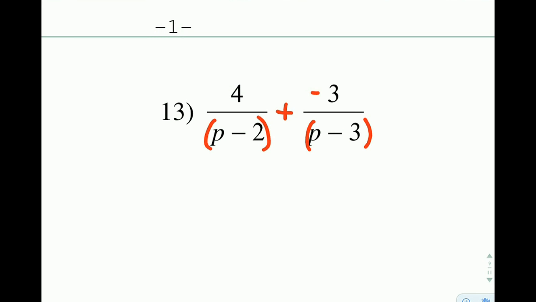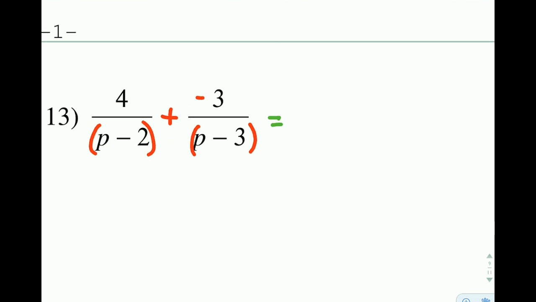If I want to get a common denominator, my common denominator is going to be something over p minus 2, p minus 3. P minus 2 and p minus 3 have nothing in common as groups, as in nothing can be factored out of them that they both share. So the answer is going to have both a p minus 2 group and a p minus 3 group inside of it.